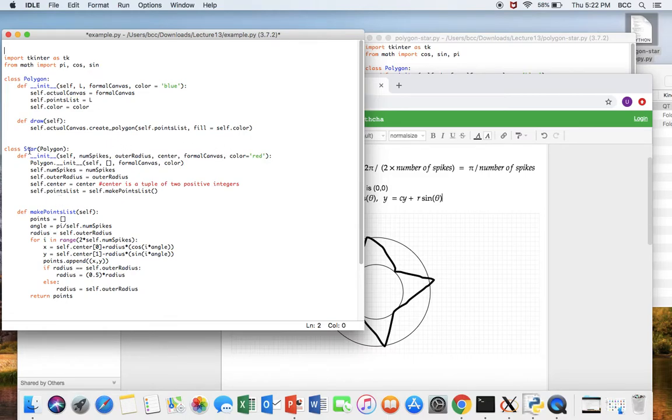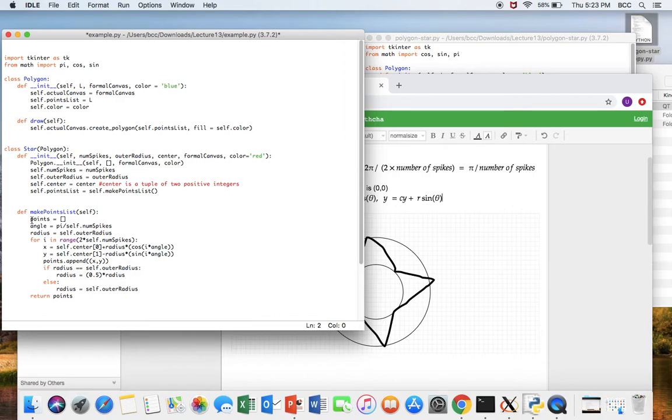So your definition of the class needs to have a method or a function to be able to create points. So this method is called make points list. So the definition of this method is, well, a priori your list of points is empty. Notice points is a local variable.